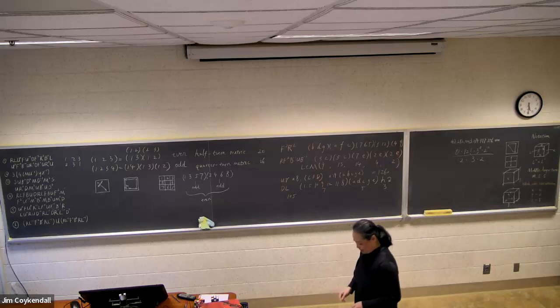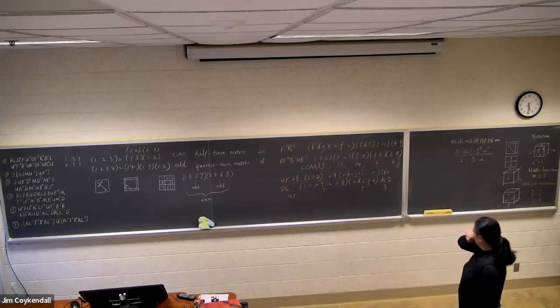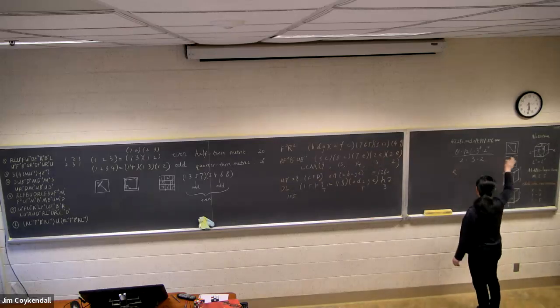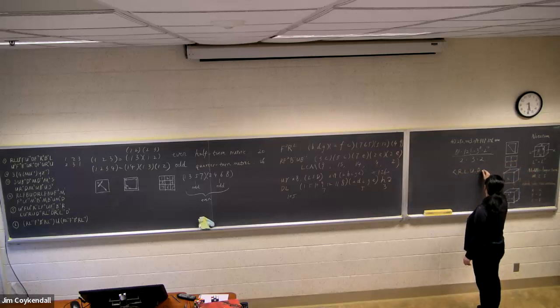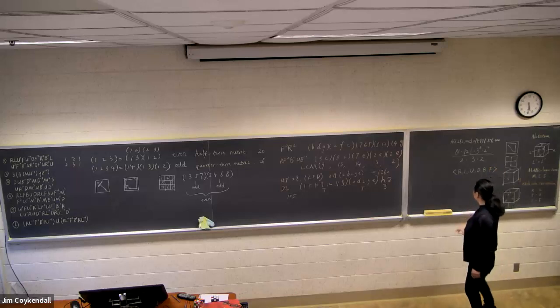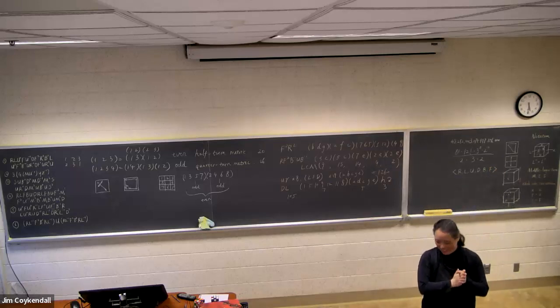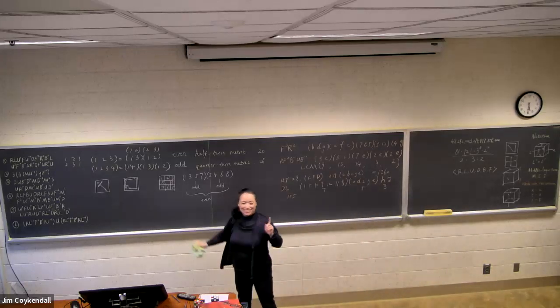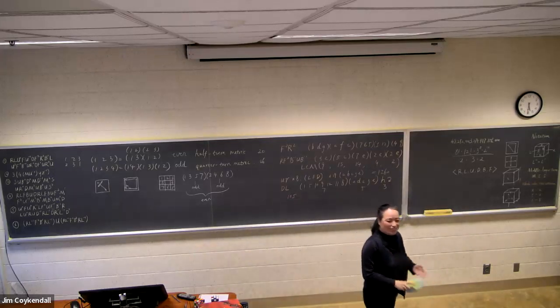The Rubik's Cube has so many configurations. But there is a concise way to write it. It's generated by these basic moves. Now, the interesting thing about it is you don't have to have all six.